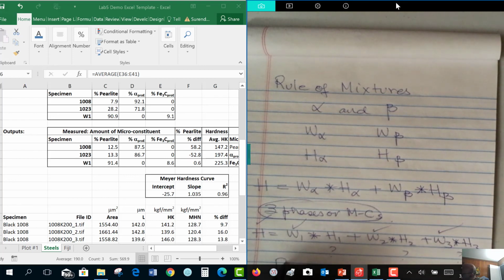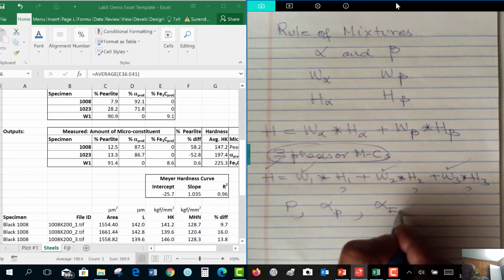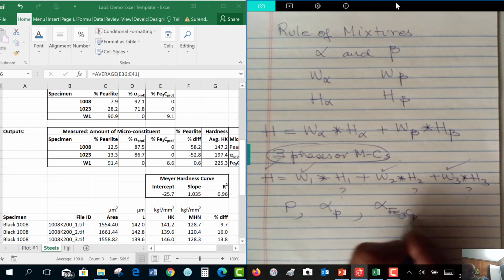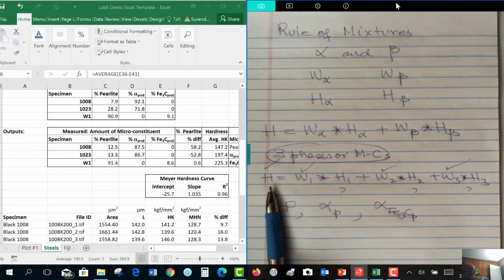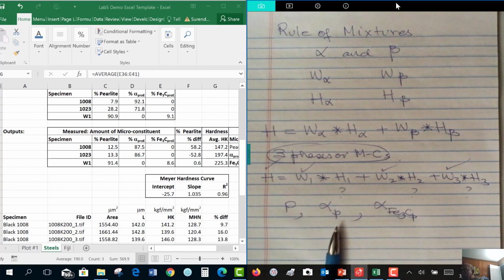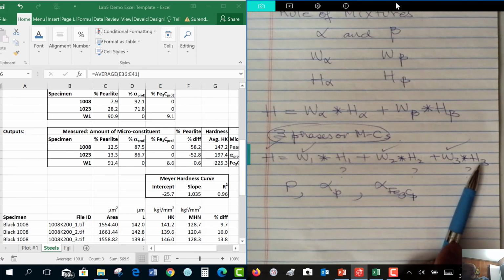So we have pearlite, we have proeutectoid ferrite, we have proeutectoid cementite. So if we had three samples whose average hardness we knew, we could set up three equations and three unknowns and solve for the hardness of each of these microconstituents.